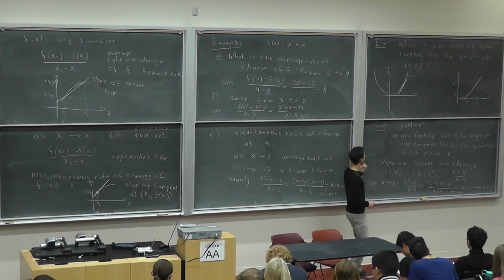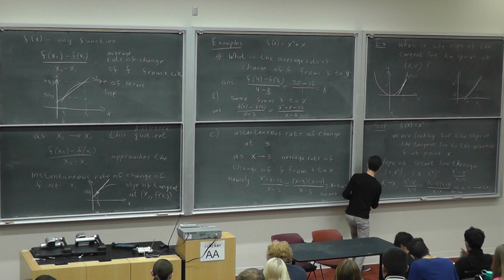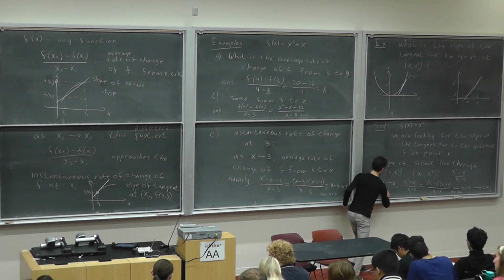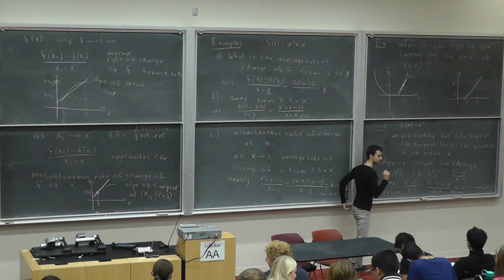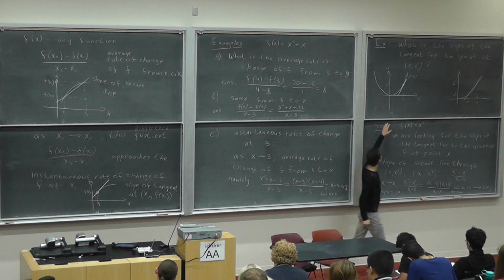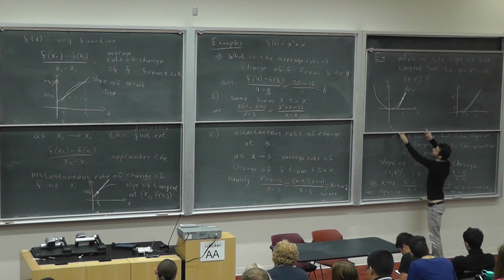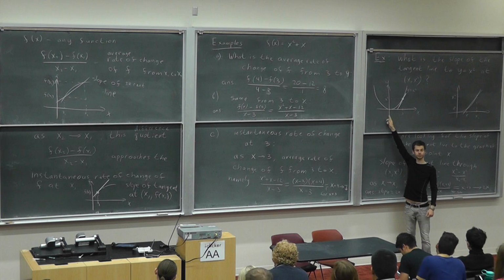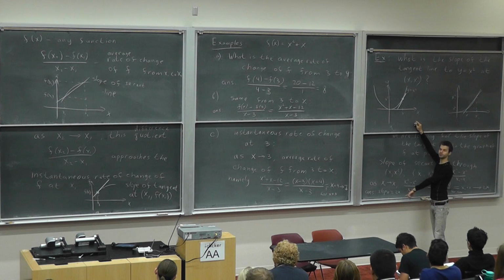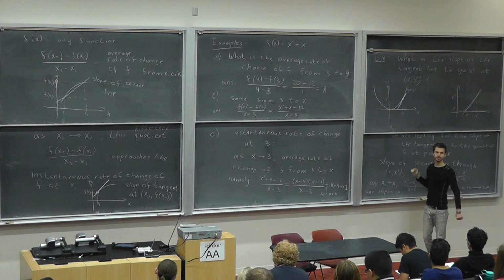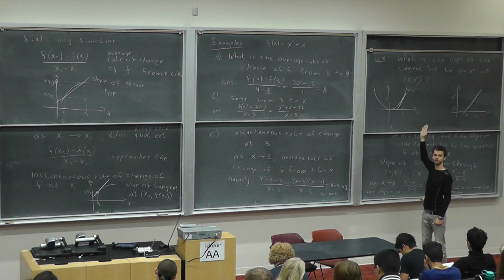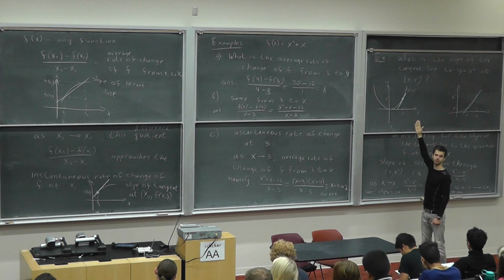Let's see whether it makes any sense. So let's say the answer, slope is equal to 2x. I know by just looking at this graph that at point 0, the slope should be 0. Does it work? Yes, 2 times 0 is 0. Another thing, looking at the graph, I see that as I go to the right, the slope becomes larger and larger.